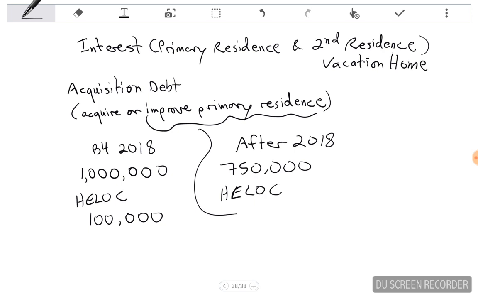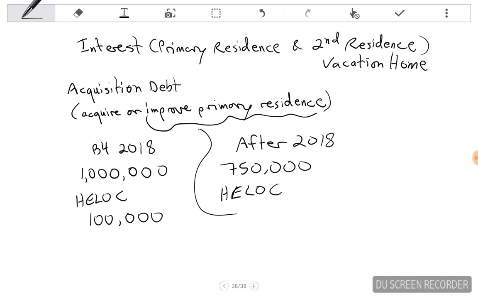Now, there's a distance test and all kinds of stuff like that to make it qualify as a vacation home, second residence. But the threshold between the two is limited to that $1 million, or $750,000 as of 2018.